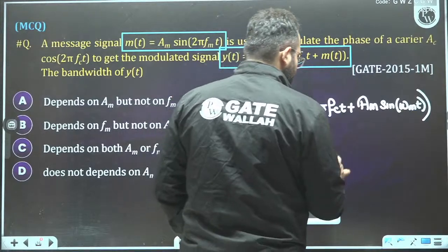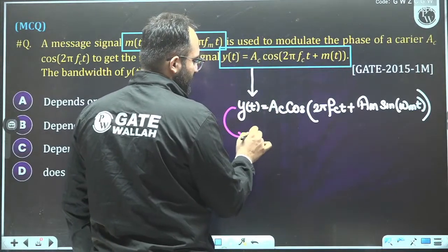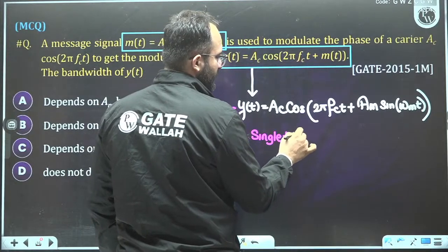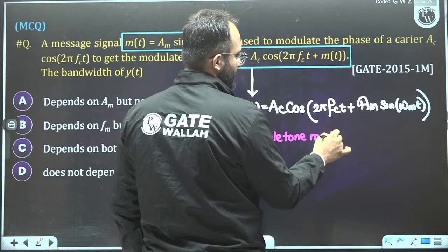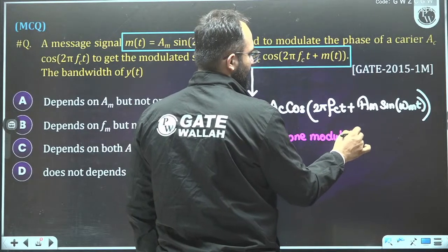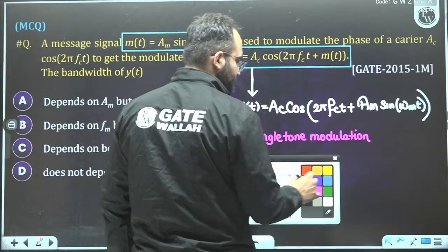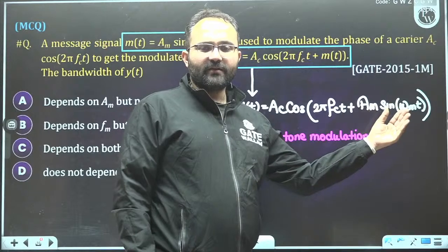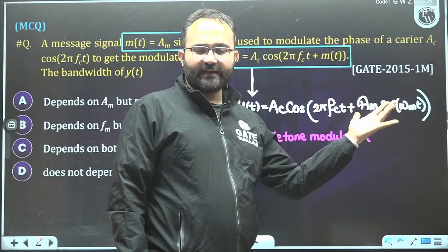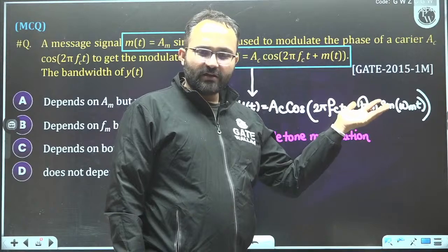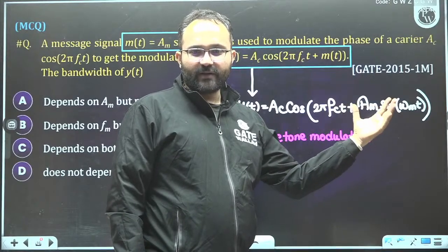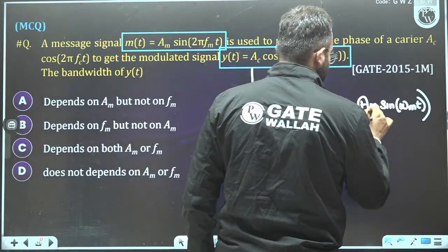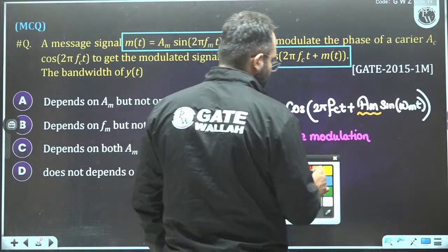Now this is a case of single tone modulation, right? Since this is a case of single tone modulation, we know that the term with the message term inside the bracket, that is beta. So here we can see that this will become the beta, or we can solve it directly without any prior knowledge.